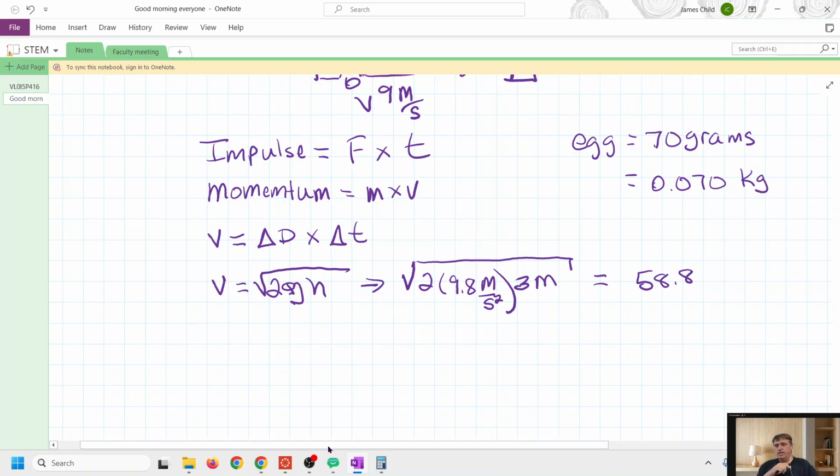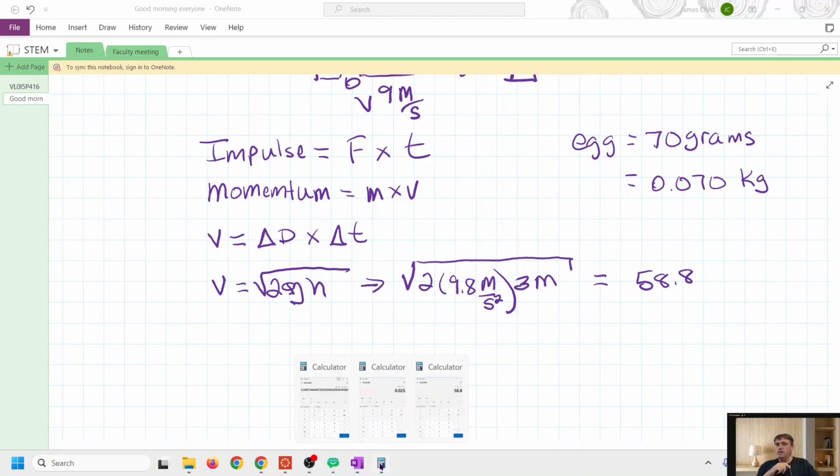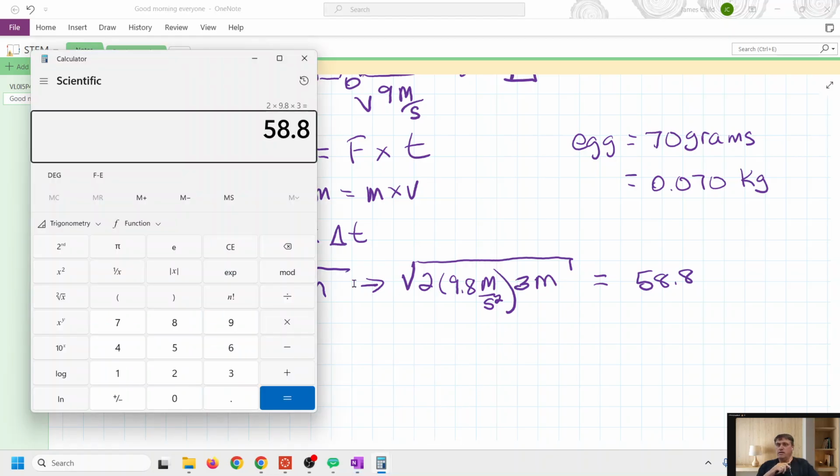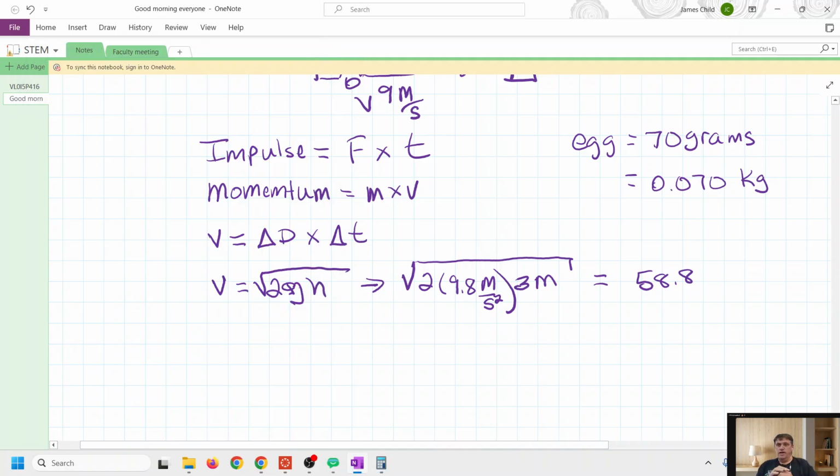Let me double check that. 58.8. All right, and that is meters times meters, so meters squared over seconds squared, and this whole thing is square rooted, okay?